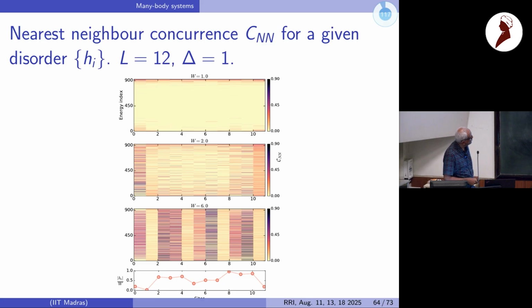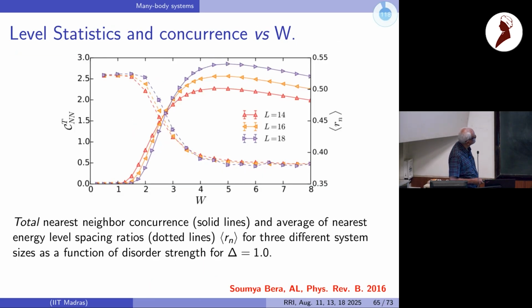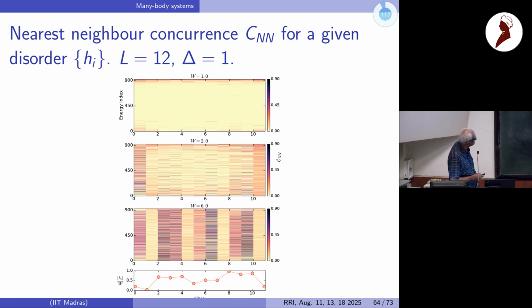So here, maybe this will help actually. What is plotted here, and this looks nice also, is the entanglement between spin 0 and spin 1, entanglement between spin 1 and spin 2, etc. And this is the energy. So we are looking at the energy spectrum, say 0 to 900 levels or whatever.